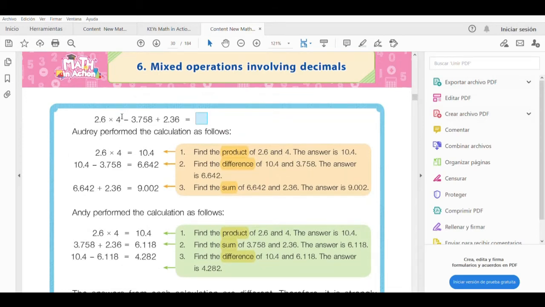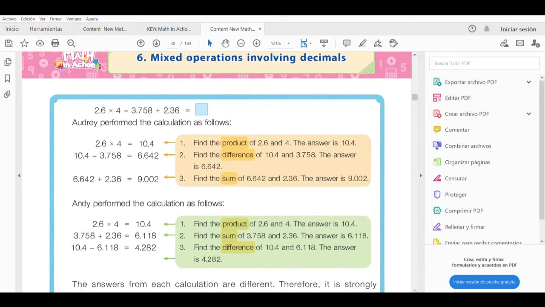This is one operation. We can put brackets here. Minus 3.758 plus 2.36. This is another, different operation. So we can write the brackets here.